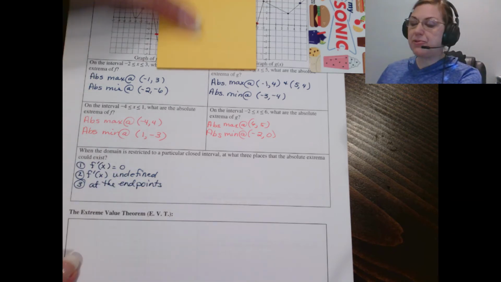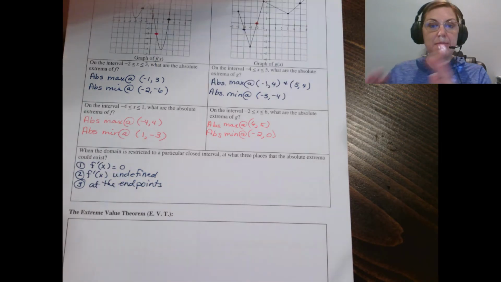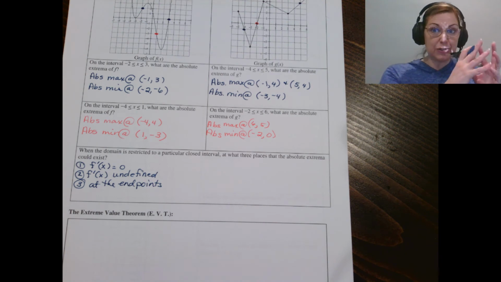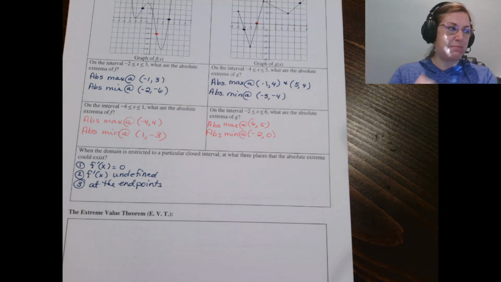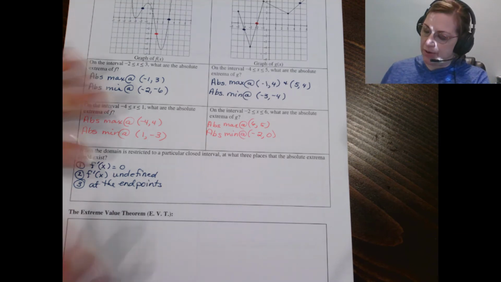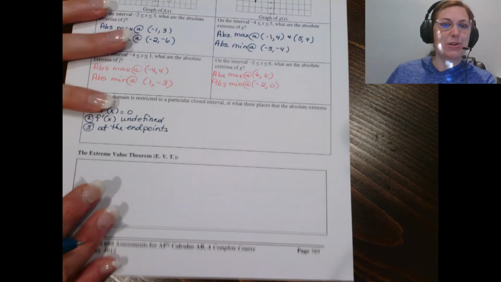So you've got some places to look when you're trying to make the distinction between the absolute extrema, absolute maximum, and the relative max and min. That's very, very important. So let's get the extreme value theorem down.